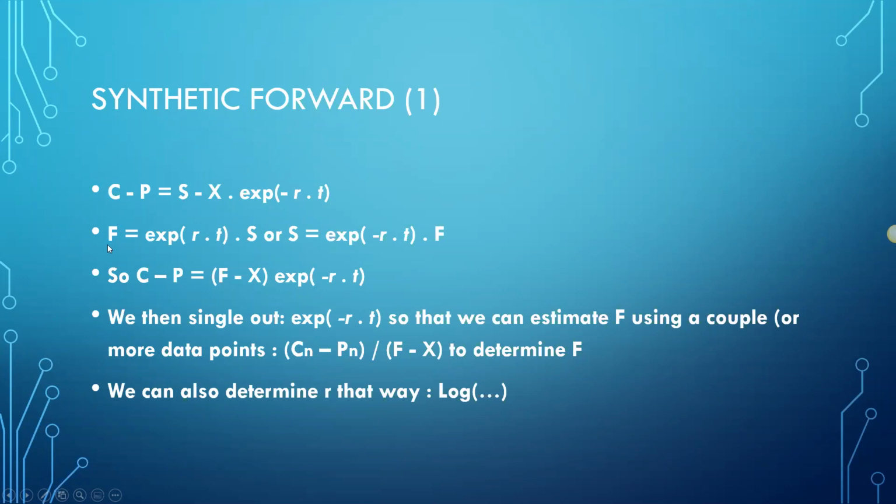This is the same equation again, and because the forward is the exponential of RT times S, you can then put S equal exponential of minus RT times F. Again, here we do not make any assumption on T or R. If R is next to 0 and the time to expiration is also negligible, we can go back to what I said before, C minus P equals S minus X. So this one is a strict formula.